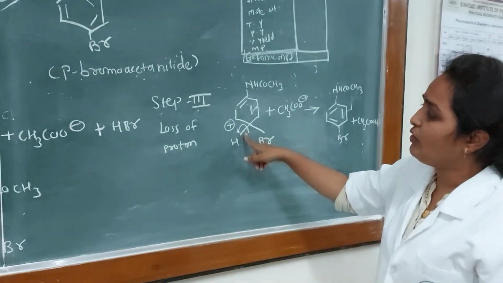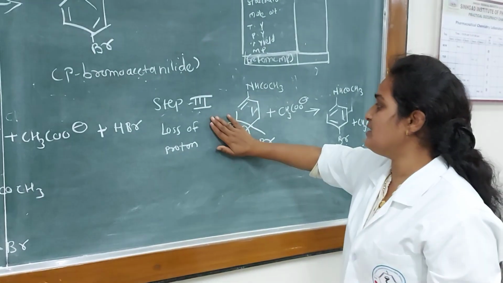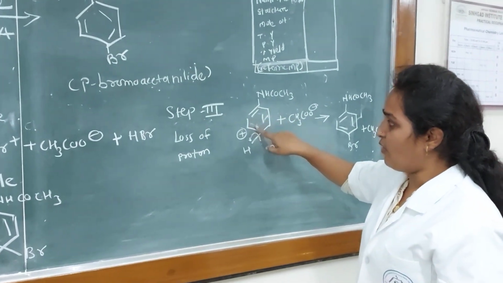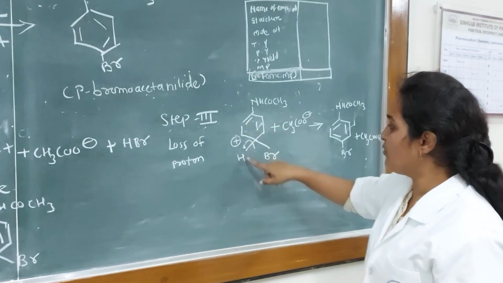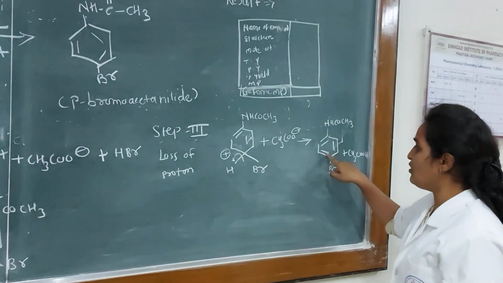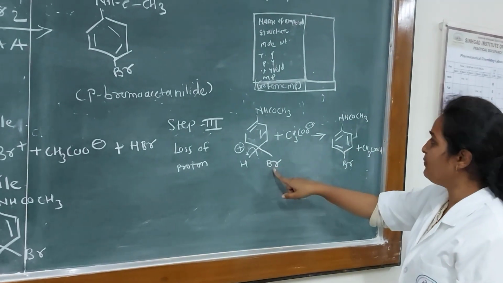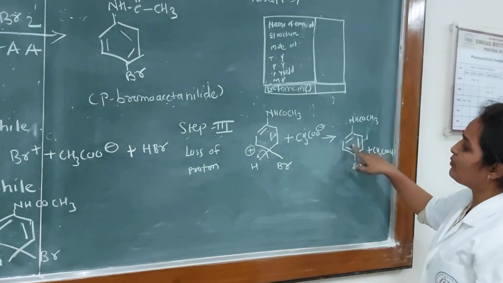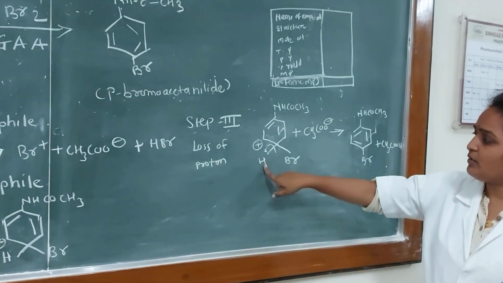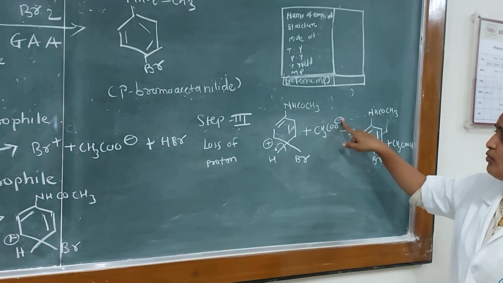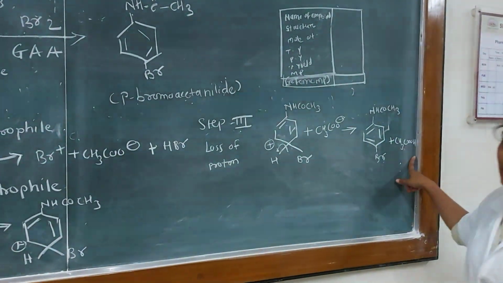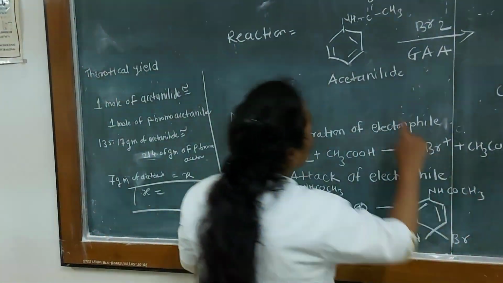In the loss of proton, the H plus ion is removed and this bond is shifted, forming a double bond, which means the benzene ring is re-formed. Then here is the formation of para-bromoacetanilide, NHCOCH3 with bromine at the para position, and this hydrogen atom reacts with CH3COO minus, forming acetic acid, CH3COOH. This is the mechanism of para-bromoacetanilide.